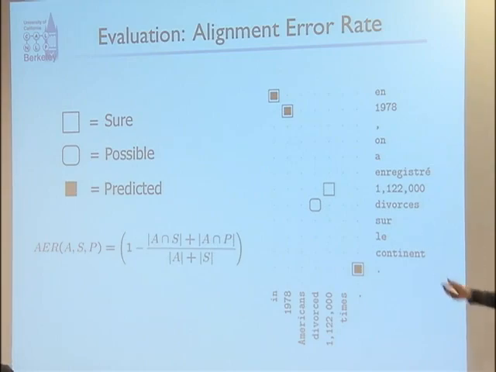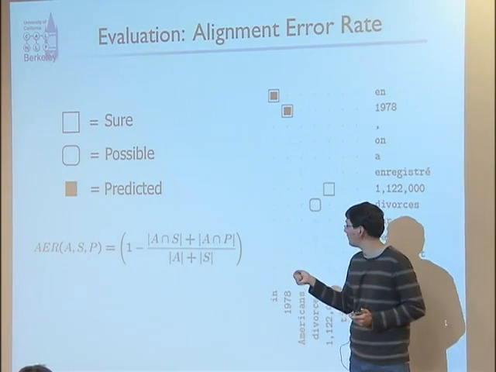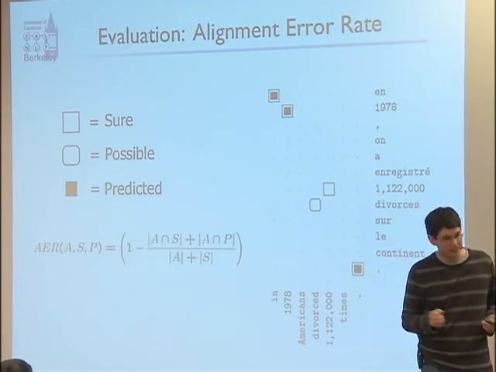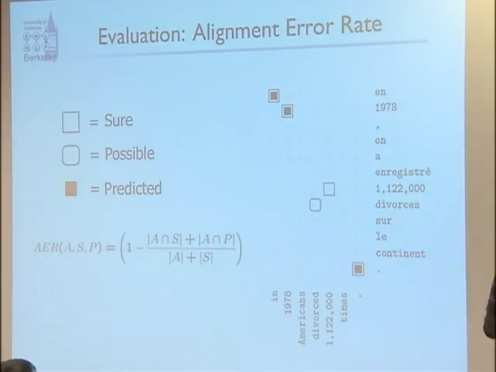And I compute the following thing. This is a lot like F1 for precision and recall, but you get to cheat a little bit. For precision, which says how many of my alignments were correct, they're correct as long as they're either sure or possible.